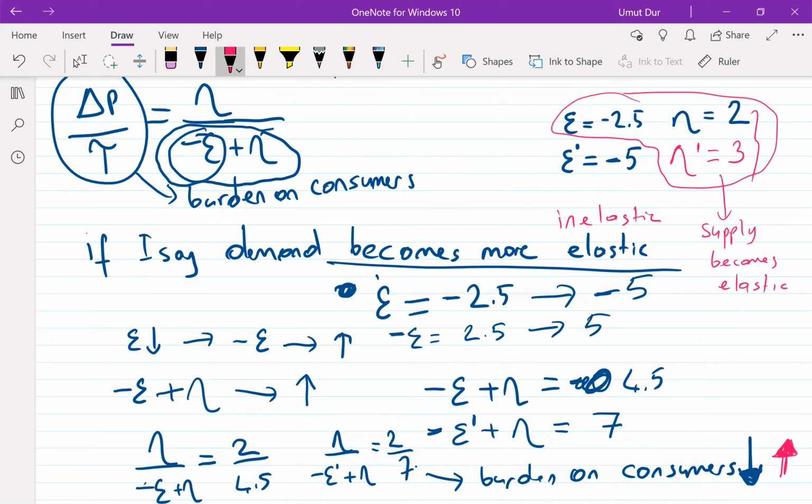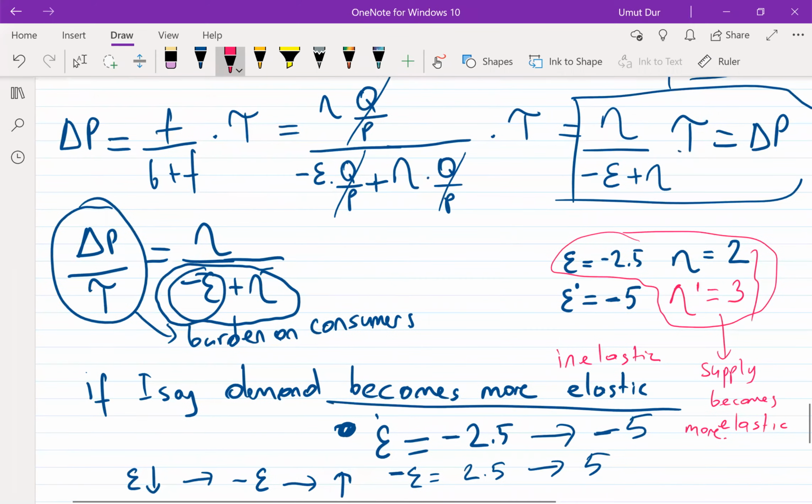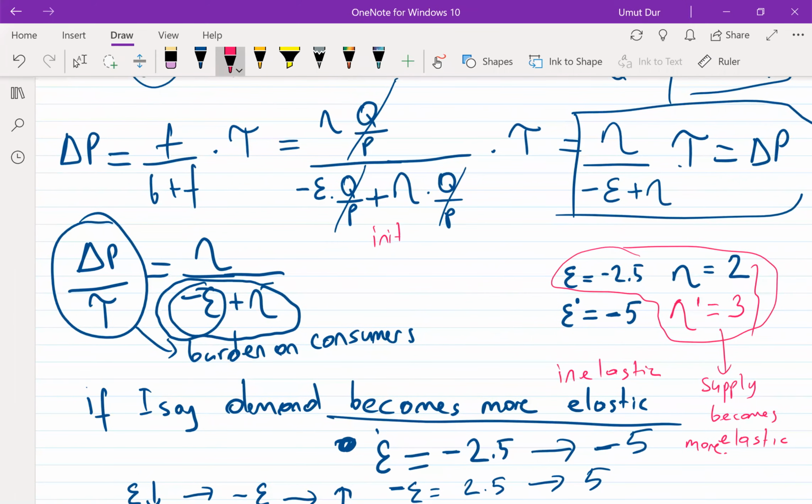It becomes more elastic. What I will do is just calculate this fraction using this value, nothing complicated. The initial burden, which we have already calculated, is 2 over 4.5.